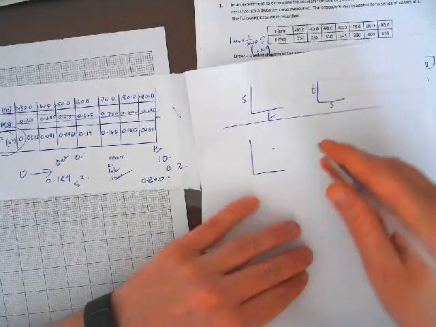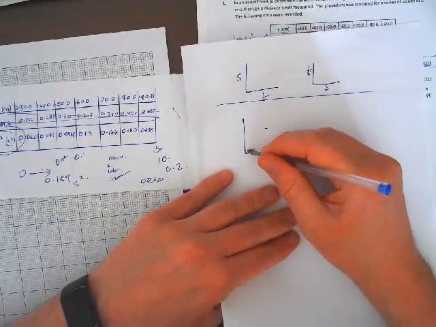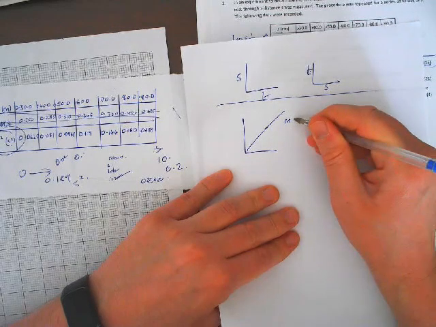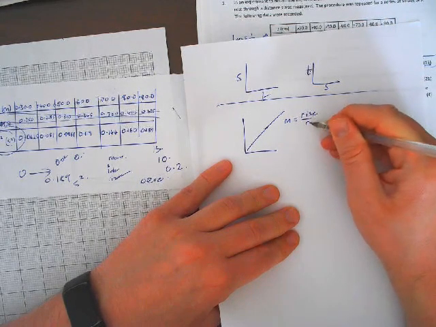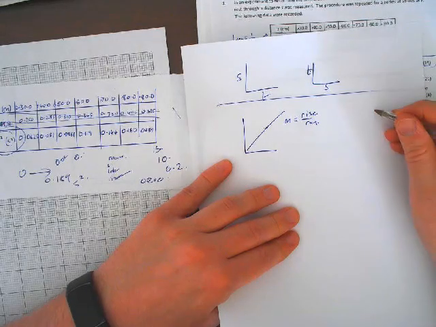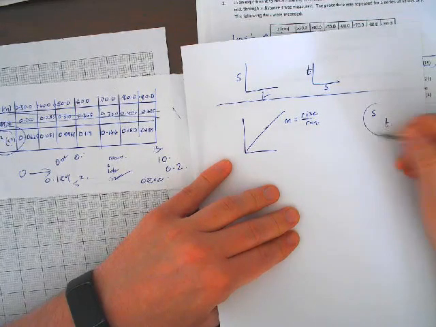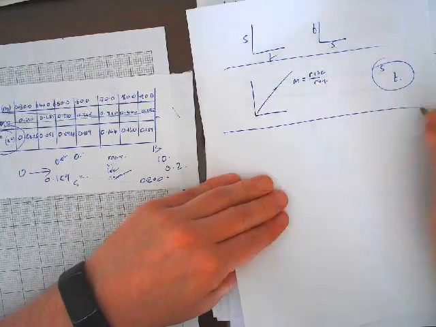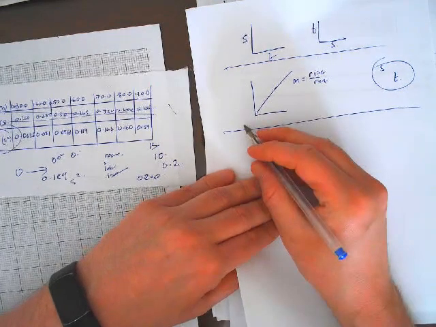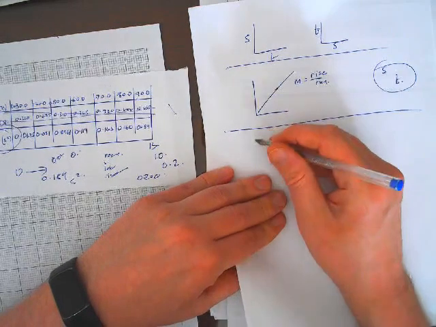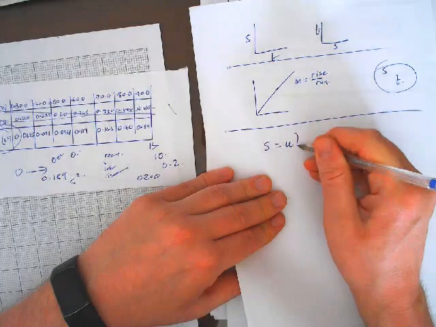Now for this one, at first glance it looks easy, but it's really not. Let's start by looking just at graphs in general. If I get the slope of a graph, which is a very useful thing to get, it's usually rise over run. Now let's think about what we've got here. We've got displacement and we've got time. Let's think back to our constant acceleration equations, the SUVAT stuff.